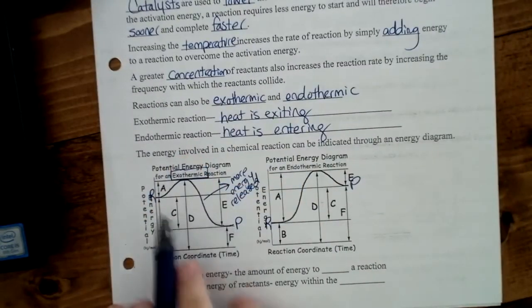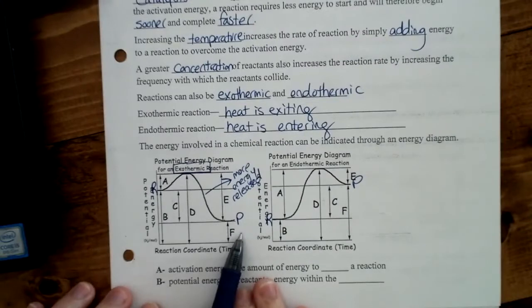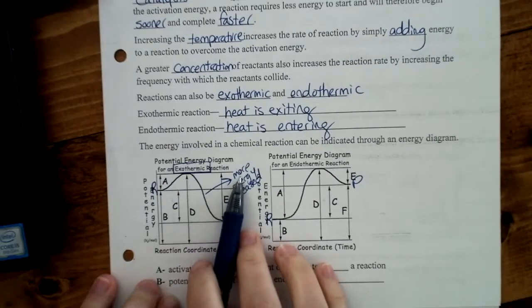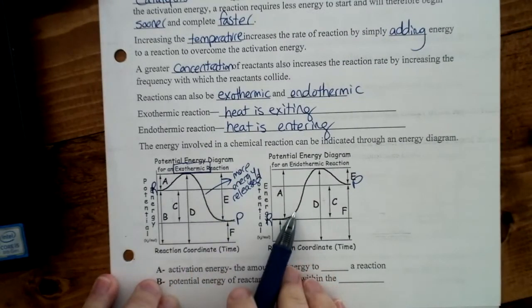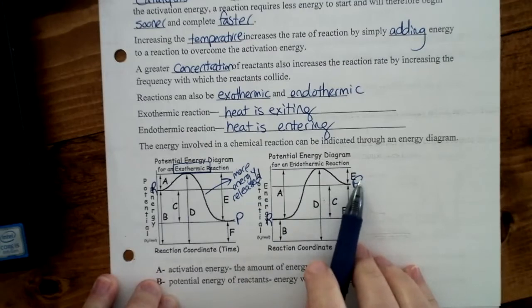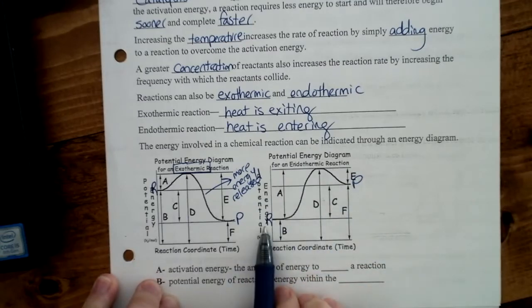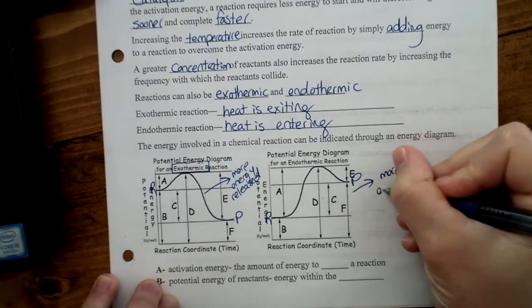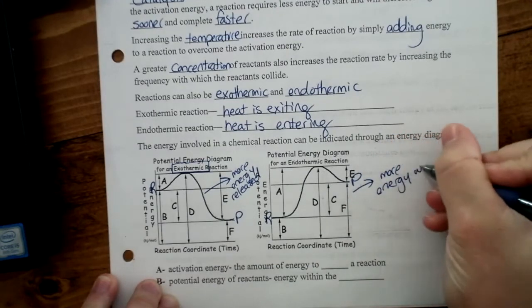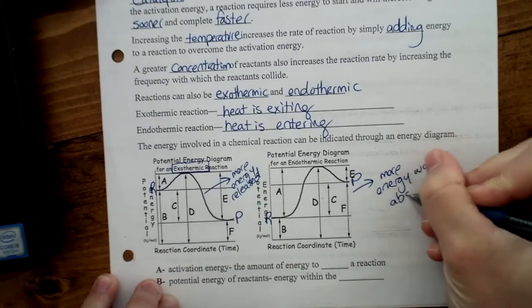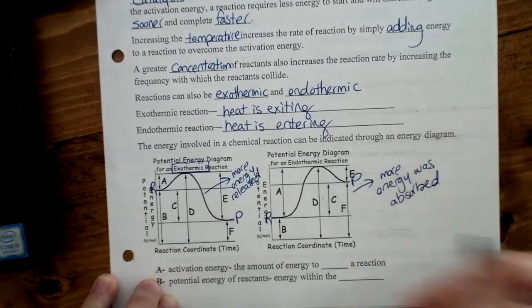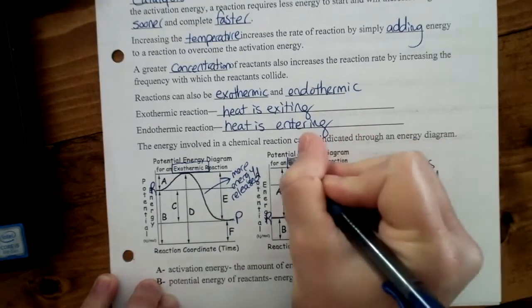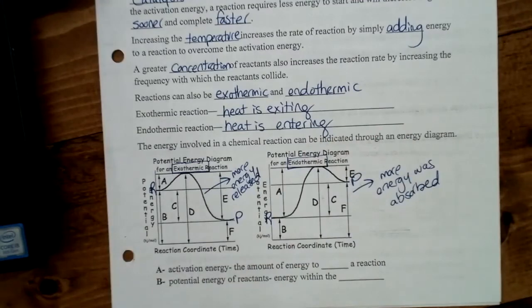But in this one, you see that the products end up with more energy than the reactants started with. So that means more energy was absorbed. So that would be an endothermic reaction.